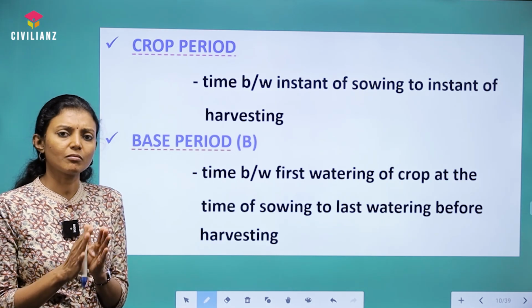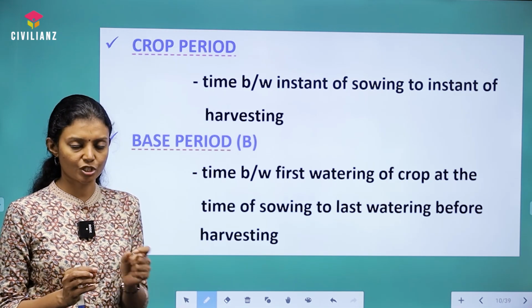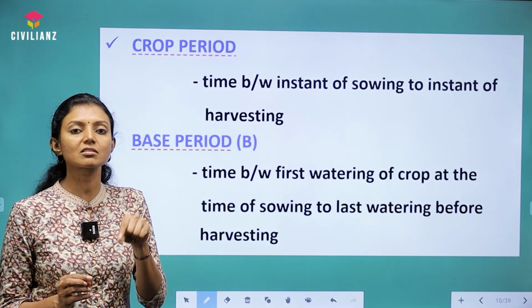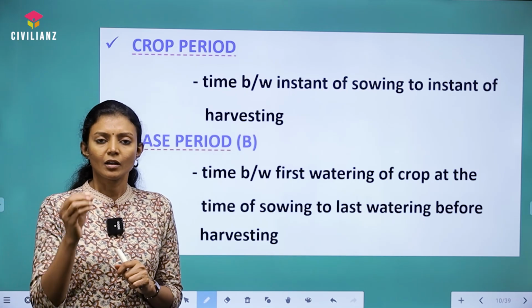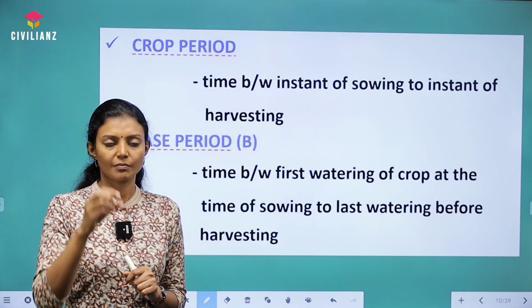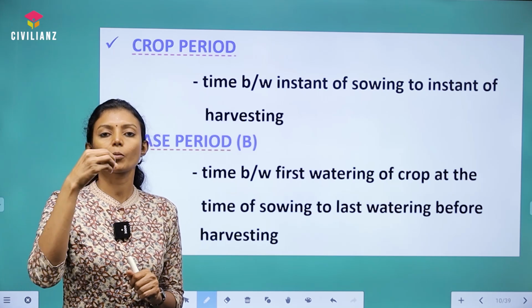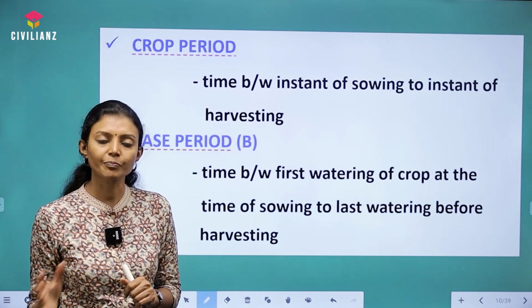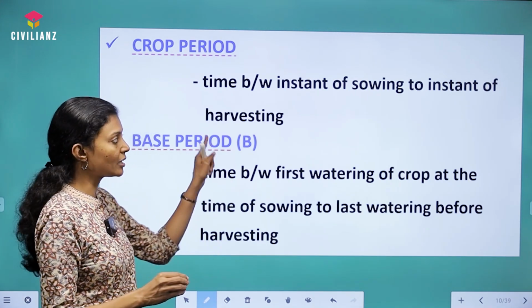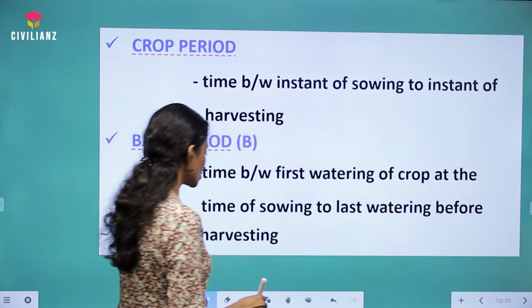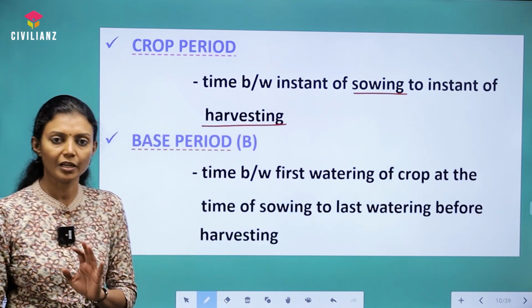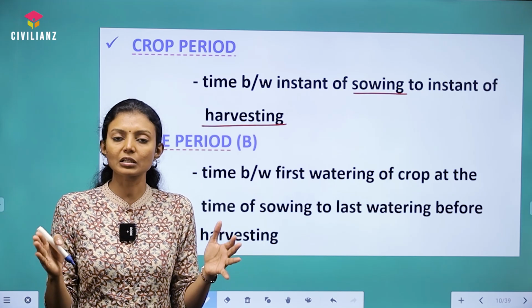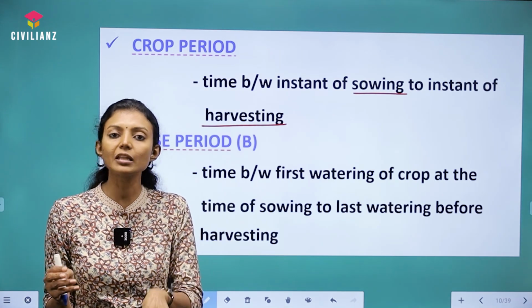The total time for which a crop remains in the field is known as crop period. Just take a guess. We are sowing the seeds, that is the first time a crop is introduced into the field, right? So the time from the instant of sowing to the instant of harvesting is known as the crop period, right? That is the total time for which a crop remains in the field.